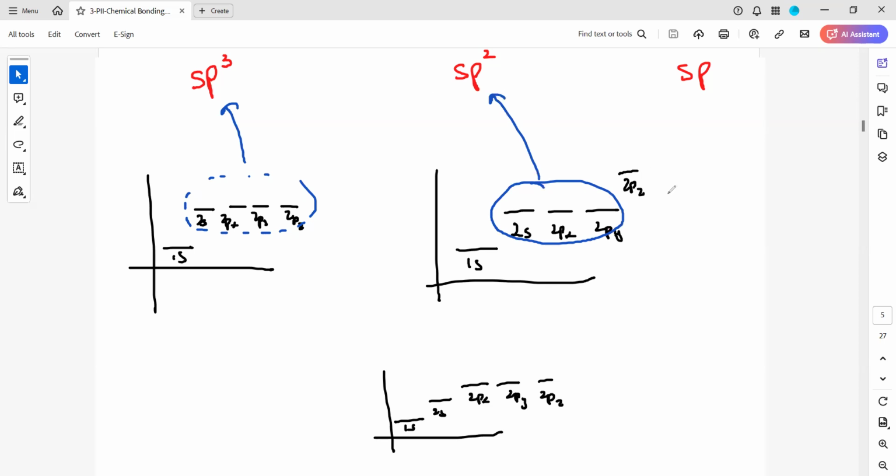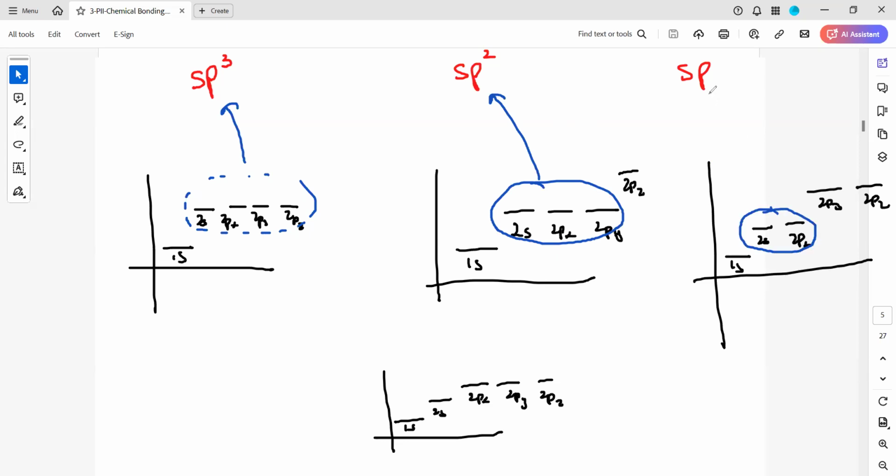And what happened in sp hybridization? Then 2s and 2px have the same energy, 2py and 2pz have a different energy. So one of the s and one p have the same energy. We call that sp hybridization.